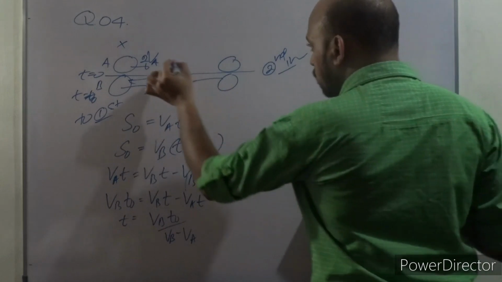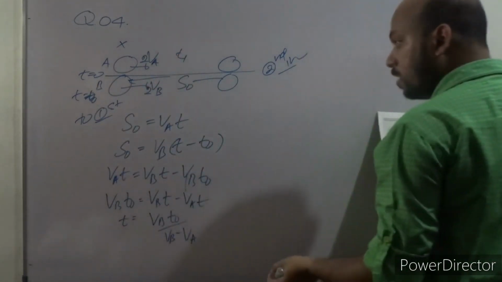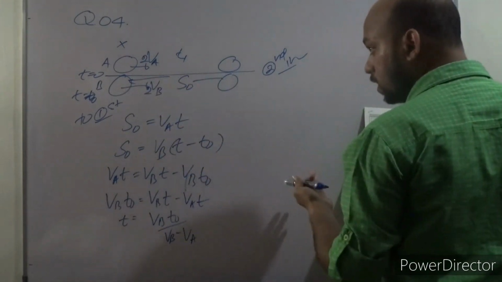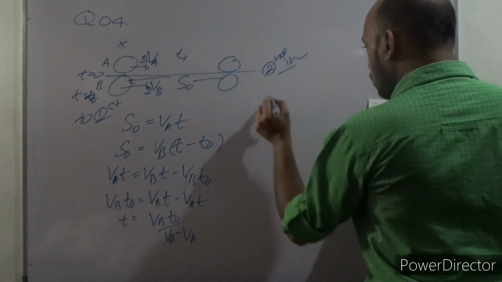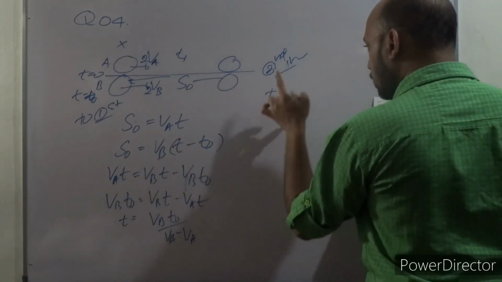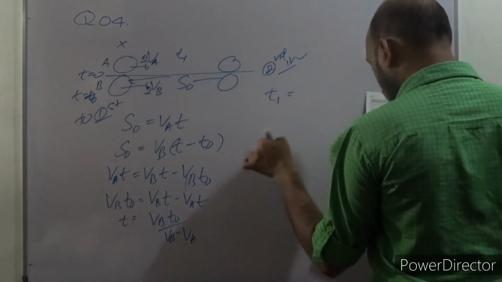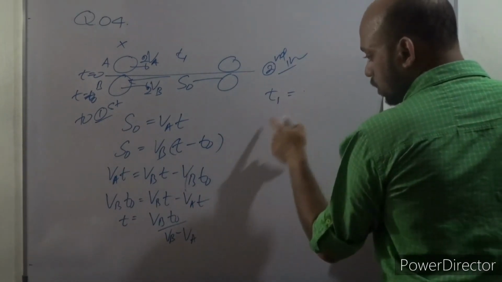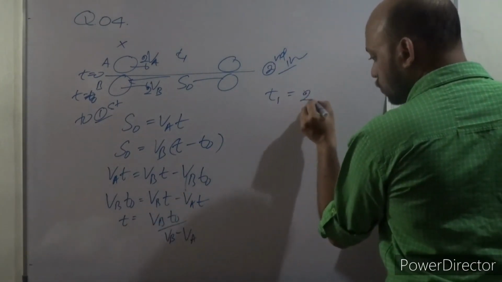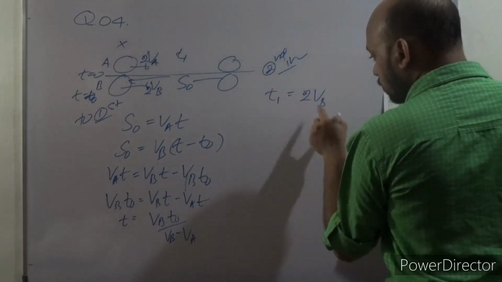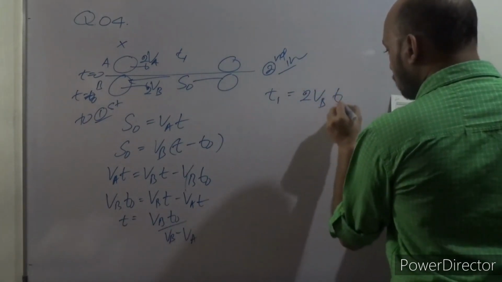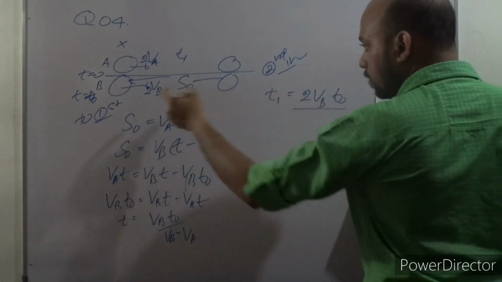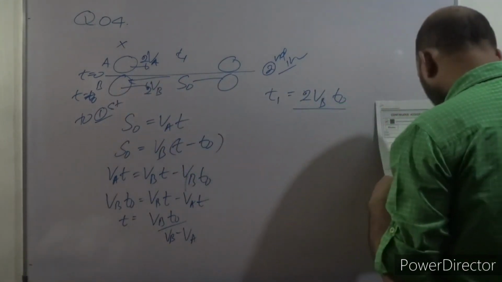Suppose the time taken in the second instance is t1, the time taken by B to pass A. Now VA is 2VA and VB is 2VB, with the same t0 according to the question.